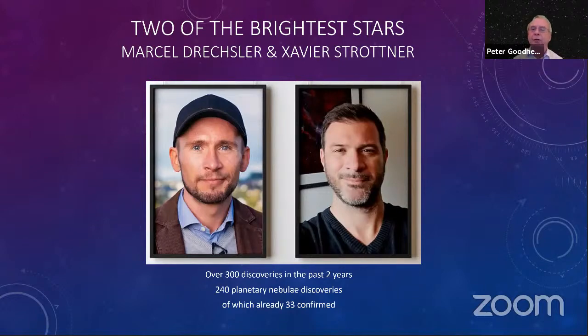Their first discovery was in October 2019, which is what, 16 months ago. And since then, they've made an astonishing 300 discoveries. 240 of those are deemed to be planetary nebulae discoveries, of which 33 have been confirmed now as such, and the others are still waiting to go through the confirmation process.